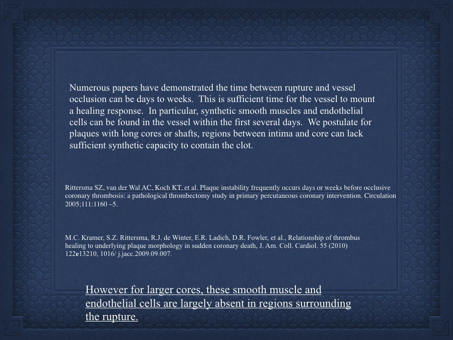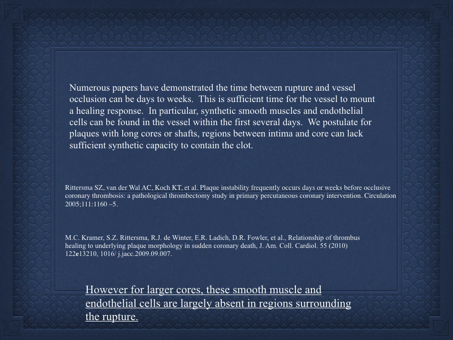Well, healing is dependent on having the right cellular mechanisms to maintain the integrity of the intima. That includes synthetic smooth muscle cells. These are referred to as actin negative. They're non-contractile, and endothelial cells are found in clots within a few days.